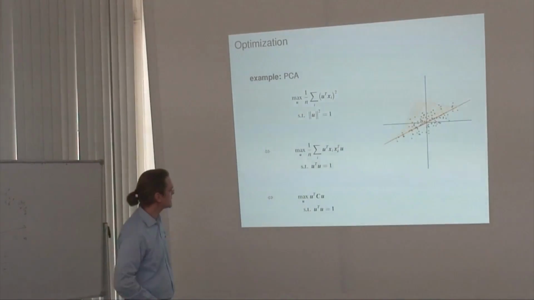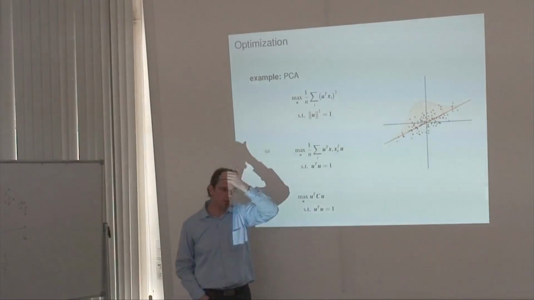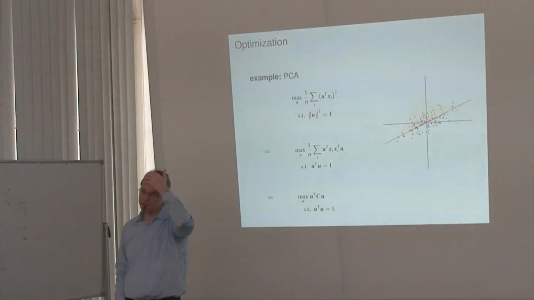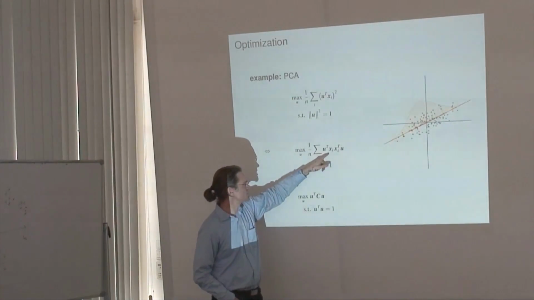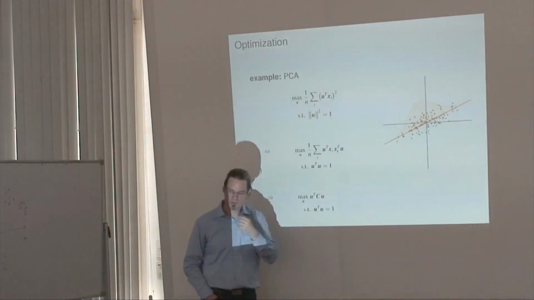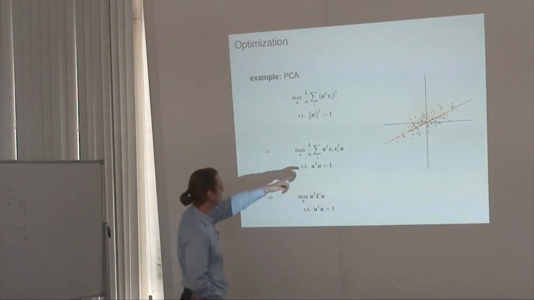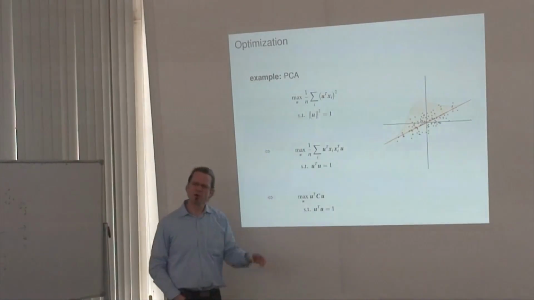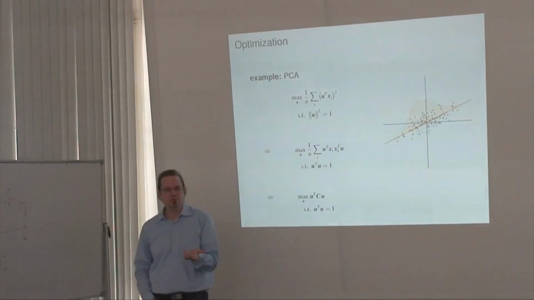Now, if we expand this expression, the inner product between vector u and vector xi, we find that we can write it as u transpose times xi transpose times u, right? And then there is this sum over all the i, and note that today, for convenience, I have put a 1 over n in front of the sum.